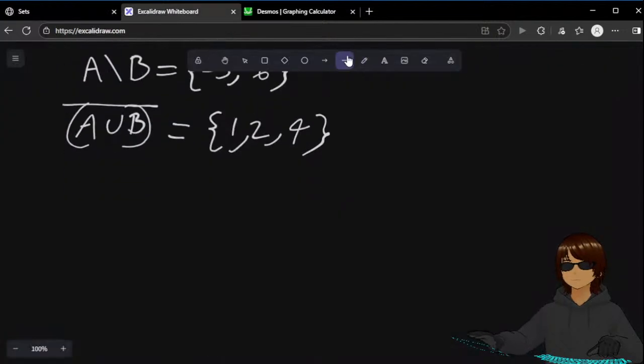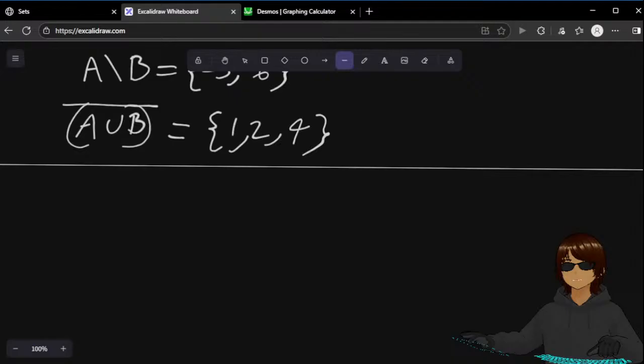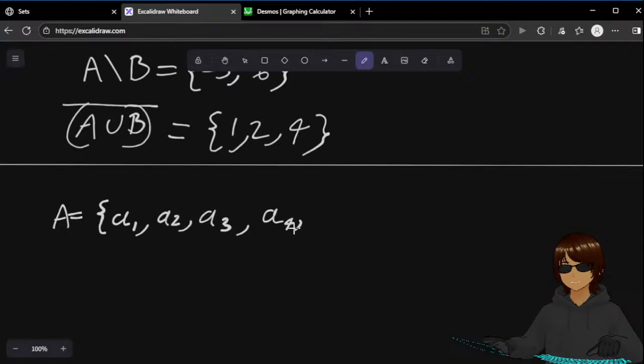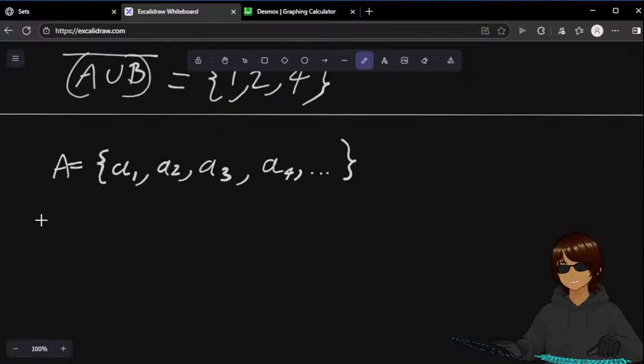Hold on. I think I have a video on this: the cardinality of the power set. So if A has A1, A2, A3, A4. The number of empty sets would be 0 choose 0.